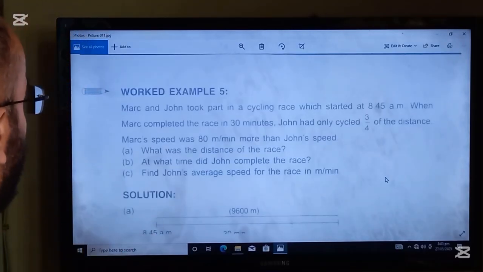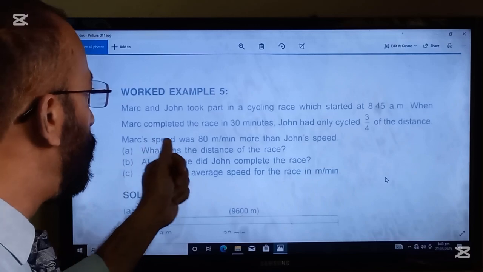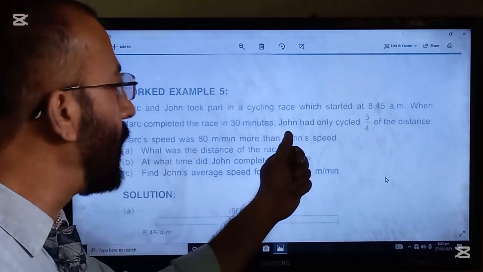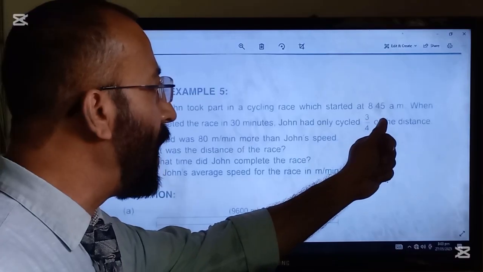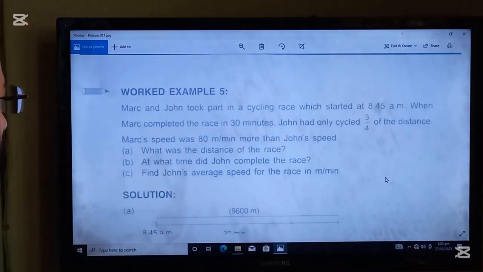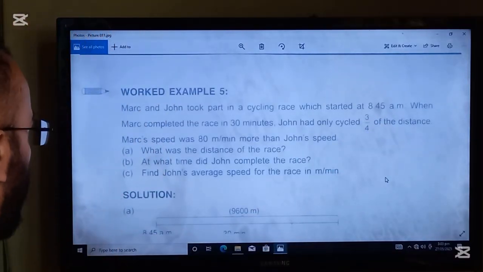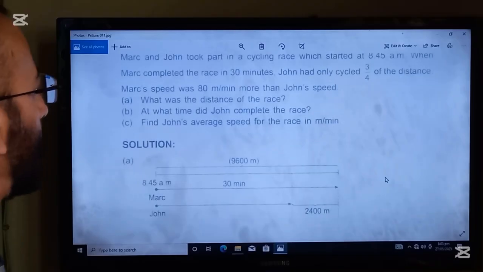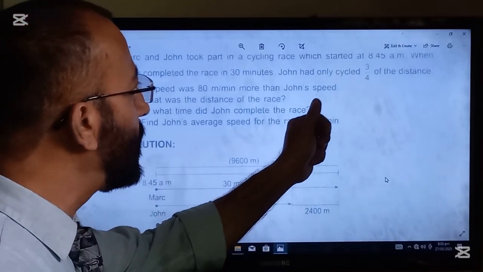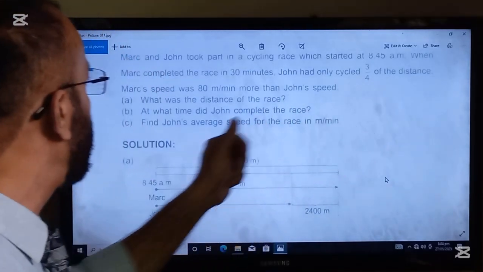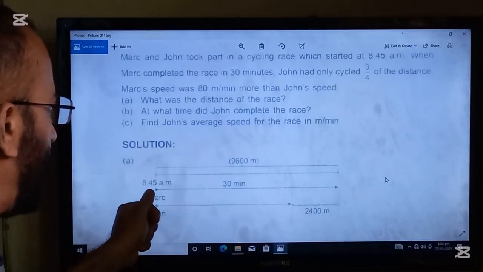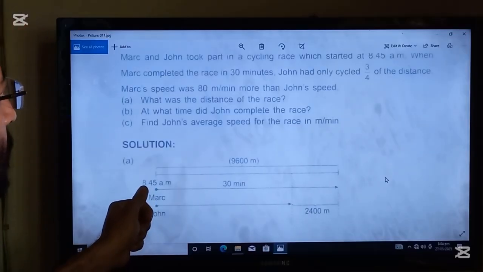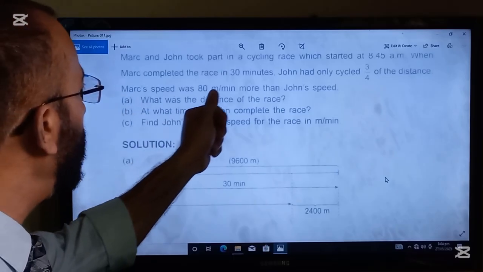Another very important question is, Mark and John took part in a cycling race which started at 8:45 a.m. When Mark completed the race in 30 minutes, John had only cycled 3/4 of the distance. Okay, 8:45 is the starting time of the race, and Mark completed the complete race in 30 minutes.